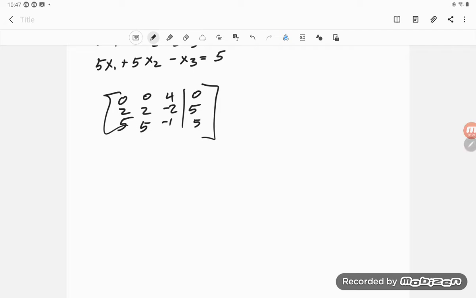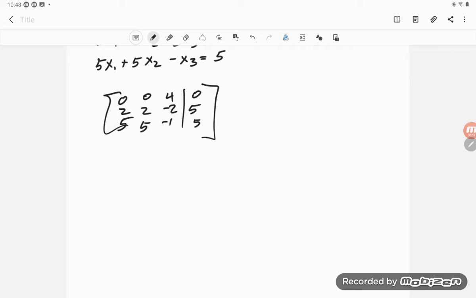So the first problem I see is that this first row with 2 zeros is not good for reduced row echelon form. I need a 1 up here in this top left if I can get it, and I could do that pretty easily by swapping a couple of rows.